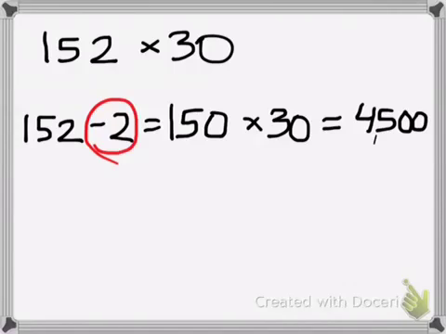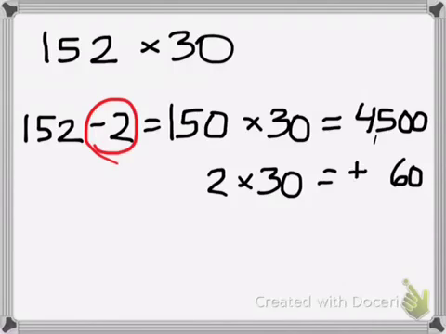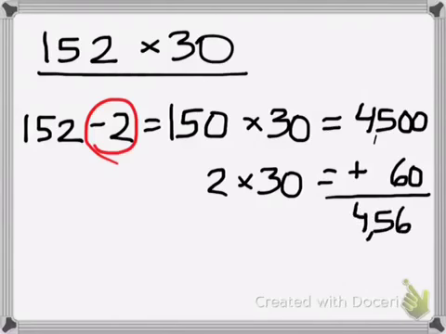So now I want to multiply that 2 by 30. At the beginning I subtracted, so at the end, to compensate for that, I want to add 60 in to my product. So my answer to the original problem is 4,560.